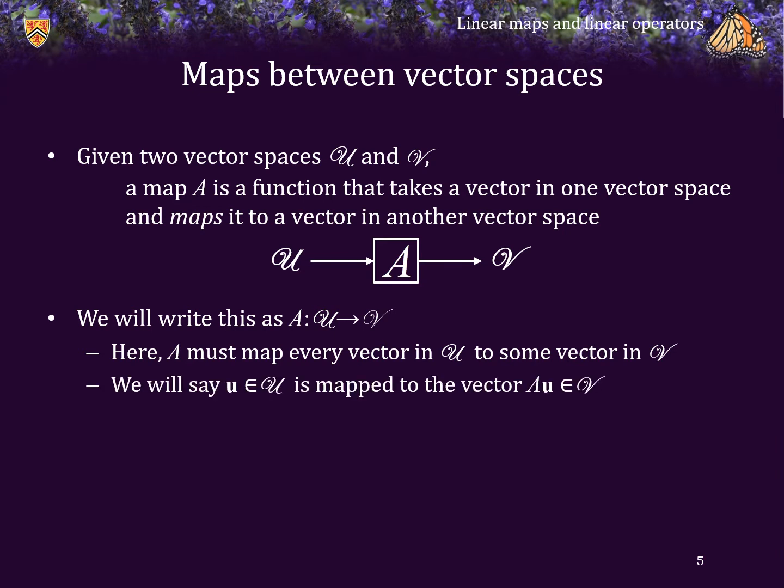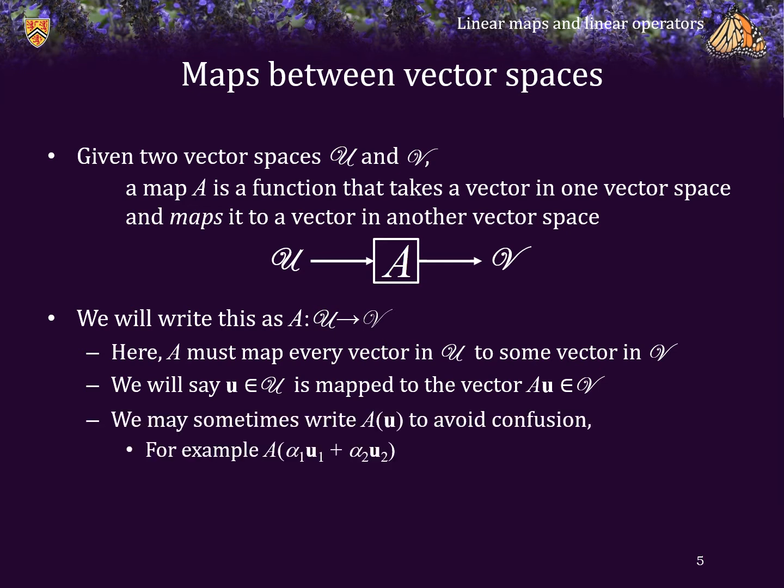Now, what we will say is if U is a vector in the vector space U, then U will be mapped onto the vector A times U, which is a vector now in the vector space V. Once in a while we may actually write the argument of the mapping A in parentheses, especially if we're going to avoid confusion.